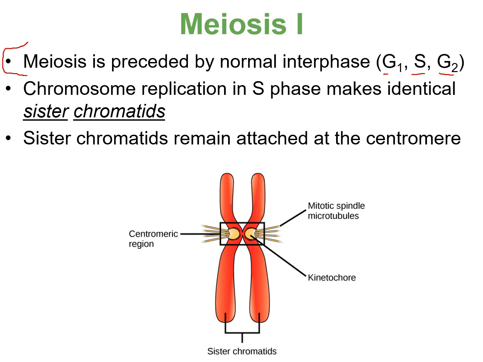Chromosome replication in S phase makes identical sister chromatids. So this is where the chromosomal replication takes place. Again, I mention this because it's very important: chromosomal replication in S phase of interphase. And the sister chromatids remain attached at the centromere. So this is going to be the centromeric region towards the center where the sister chromatids link up.